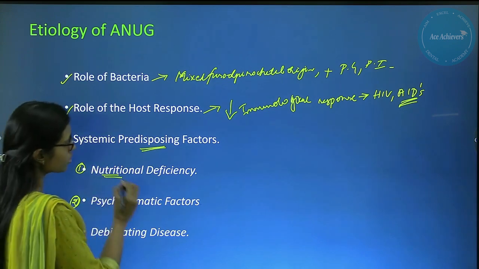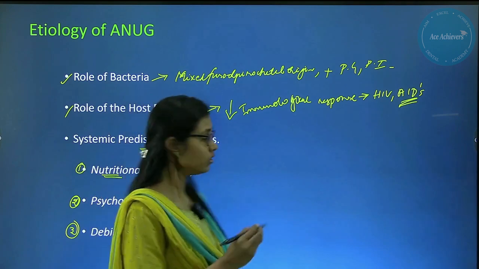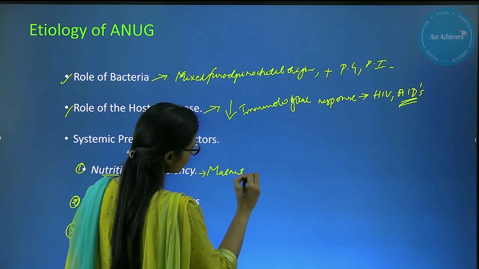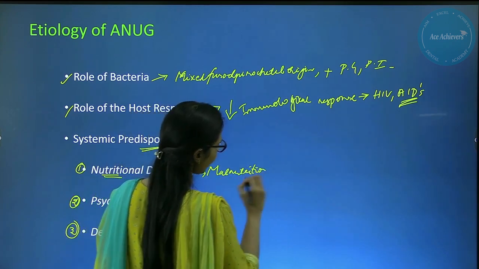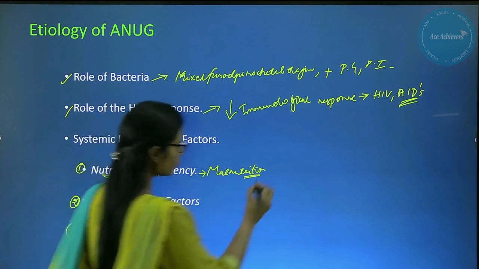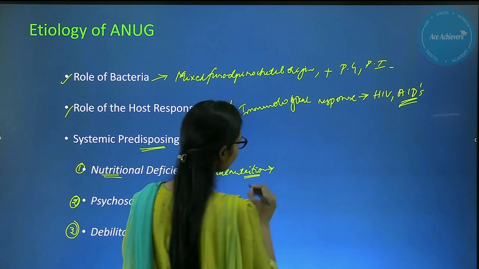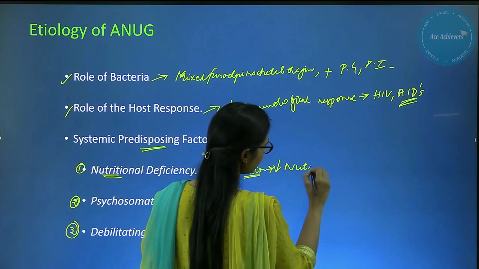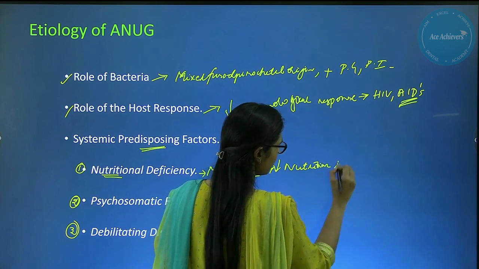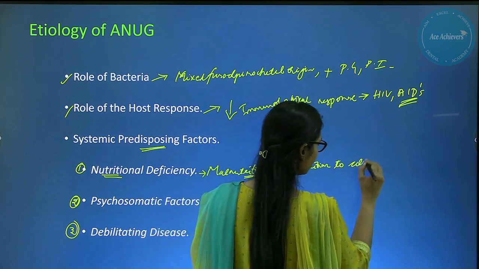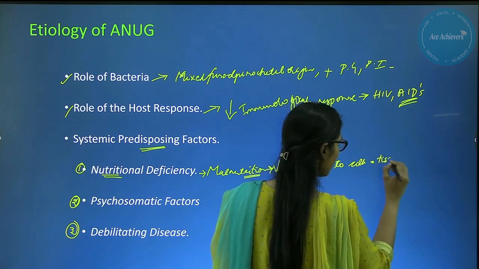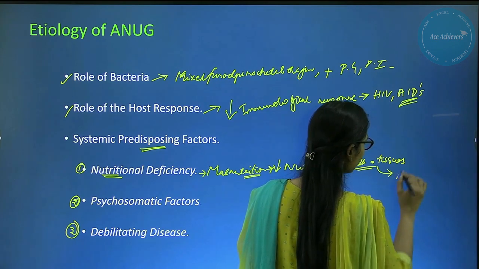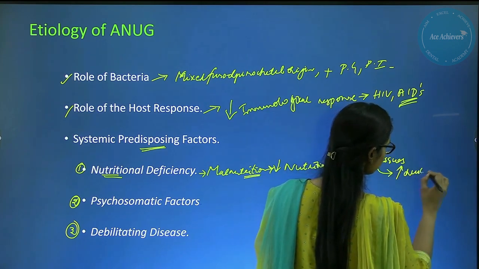So when we see nutritional deficiencies, particularly in children with malnutrition, okay, in children with protein deficiencies, we can say that because of the reduced nutrition availability to the tissues and cells, this is going to cause more susceptibility.